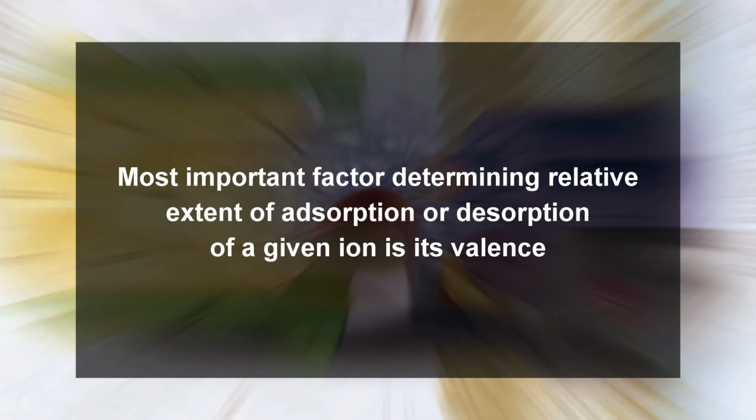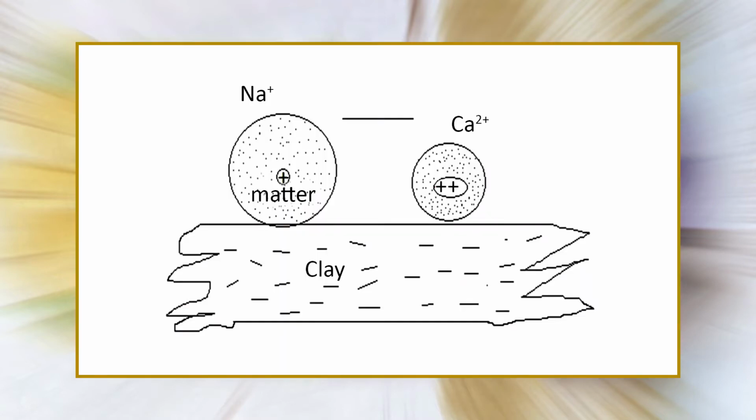The most important factor determining the relative extent of adsorption or desorption of a given ion is its valence. Divalent ions in general are retained more strongly than monovalent ions. Trivalent ions in general are retained more strongly, and quadrivalent ions such as thorium are essentially unreplaced by an equivalent amount of KCl.